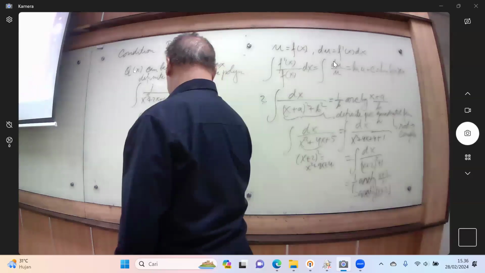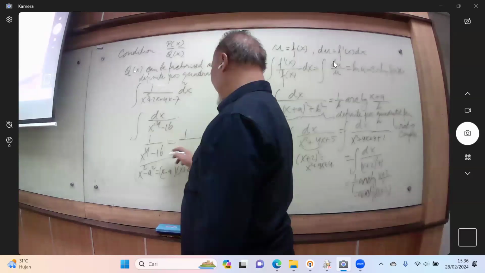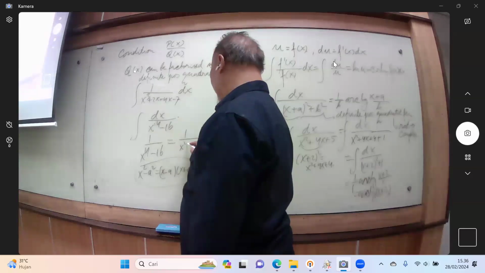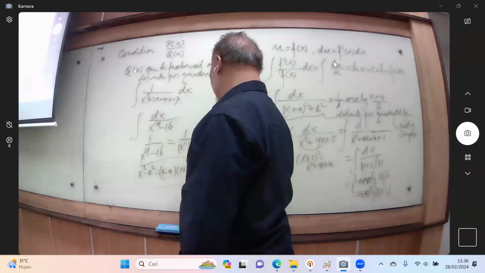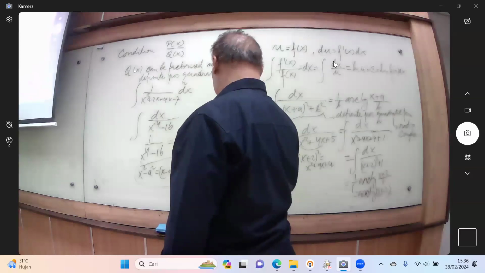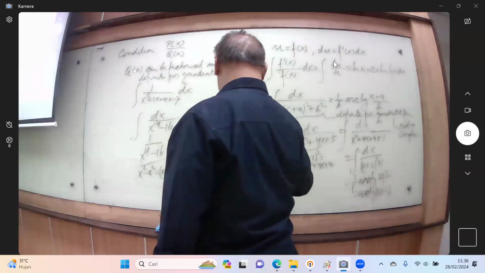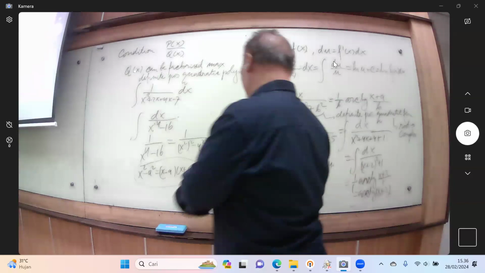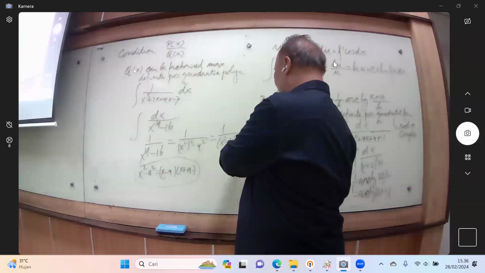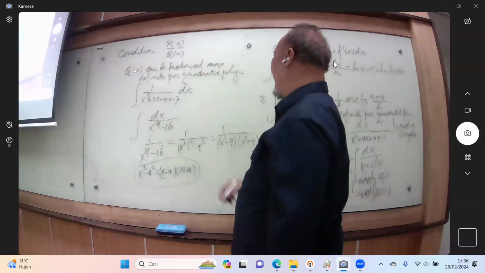Using this formula, we have x squared minus 4 squared, so it becomes 1 divided by (x squared minus 4)(x squared plus 4). The x squared plus 4 is already a positive definite quadratic polynomial.